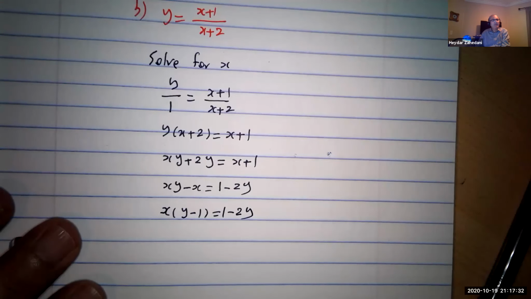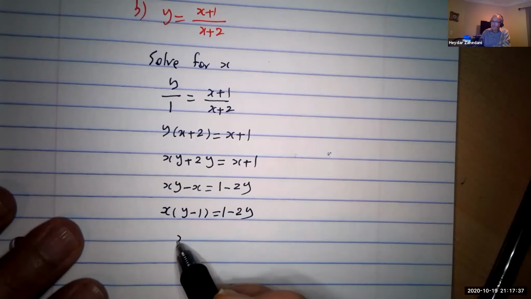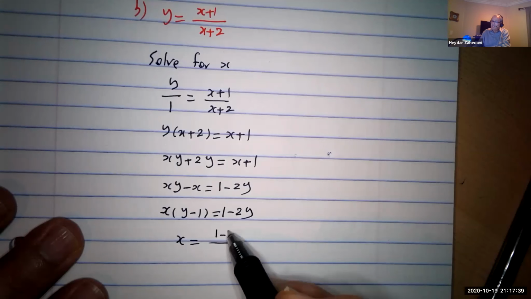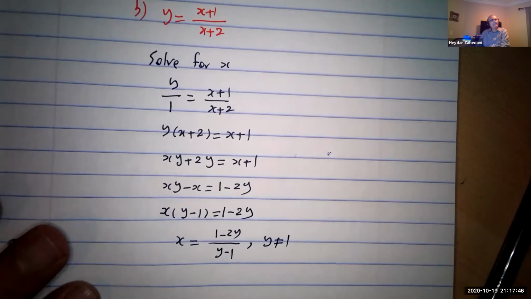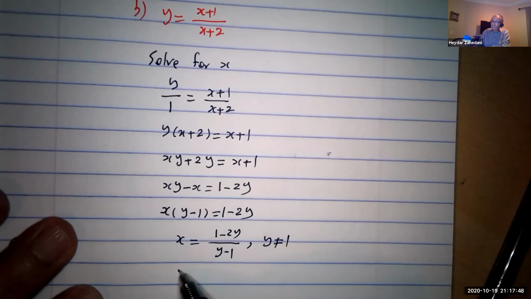But you want to divide by the coefficient of the x. So x would be 1 minus 2y over y minus 1, with the condition that y is not equal to 1. So this is f inverse of y.